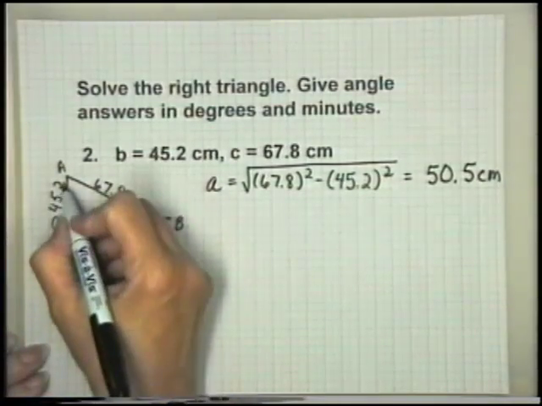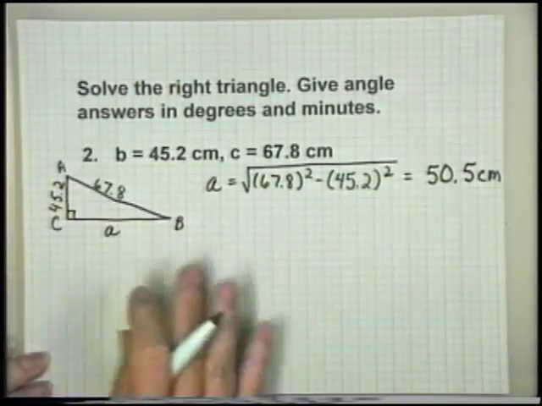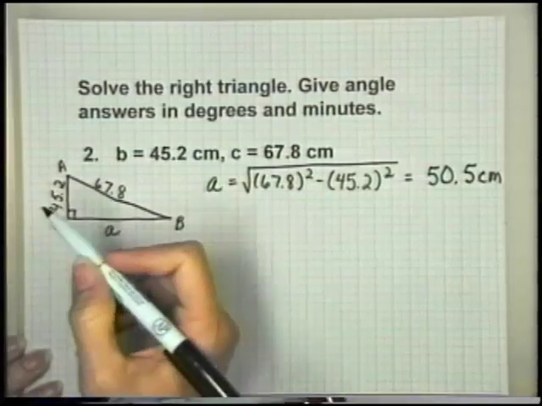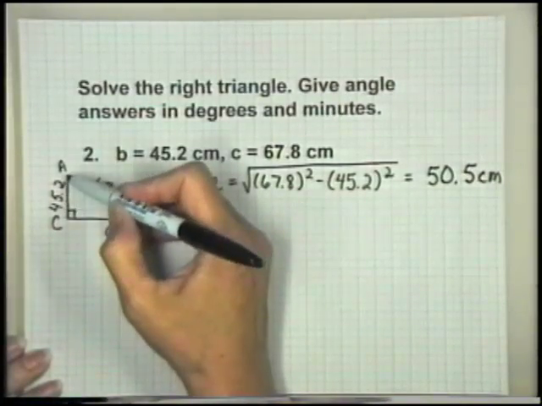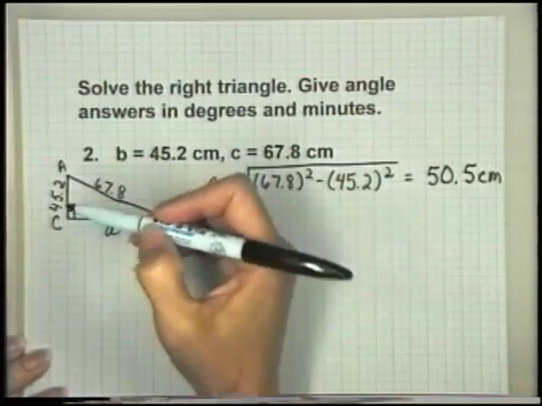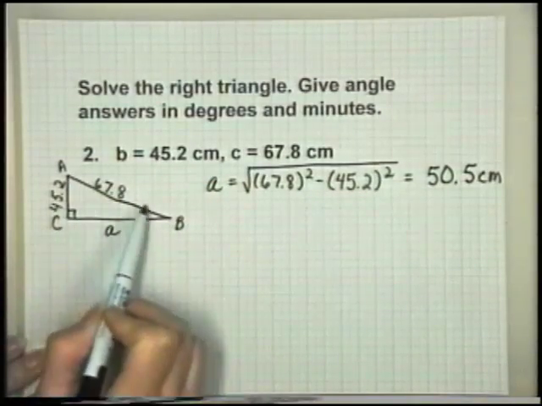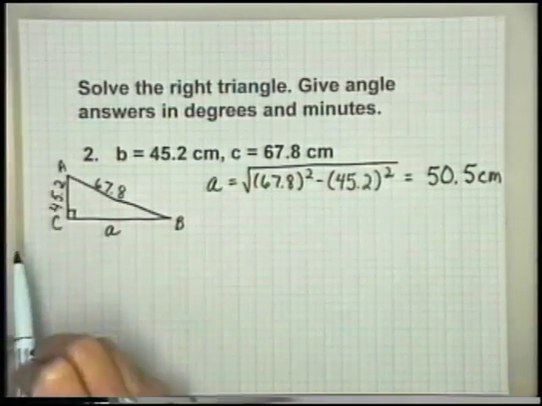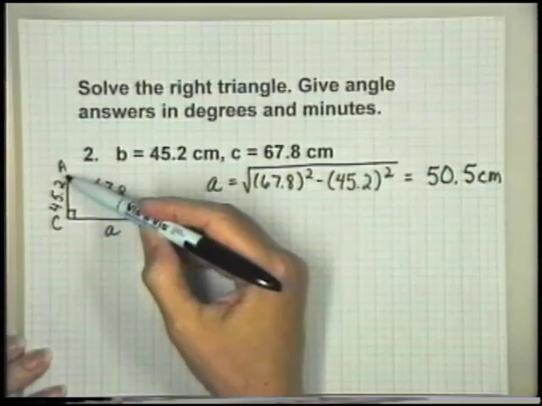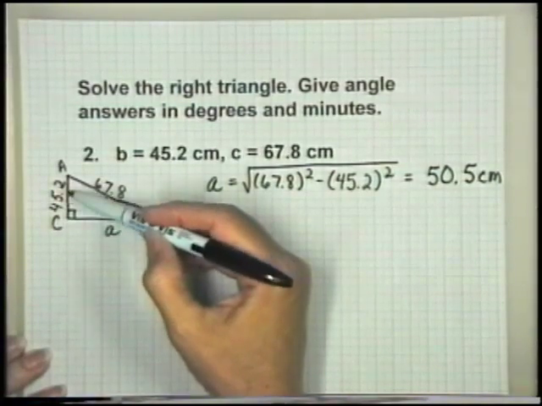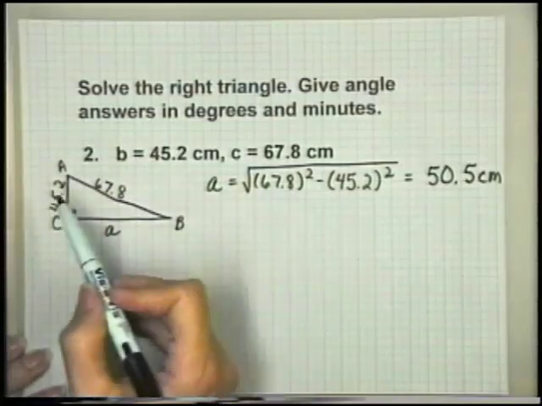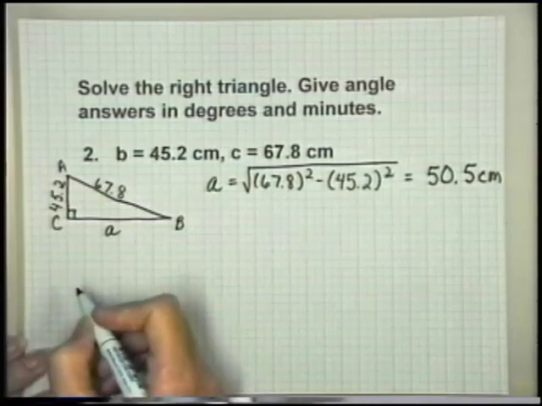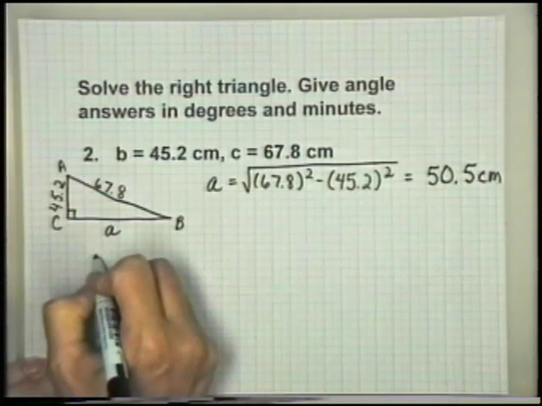Now we can either find angle A or angle B. I'm going to choose to find angle A, and remember that we take the information given in the original problem, which in this case is side B measures 45.2 centimeters and the hypotenuse measures 67.8 centimeters, and we see how these relate to angle A. Side B, the 45.2 centimeters, is the leg that is adjacent to angle A. So adjacent and hypotenuse is the cosine function.